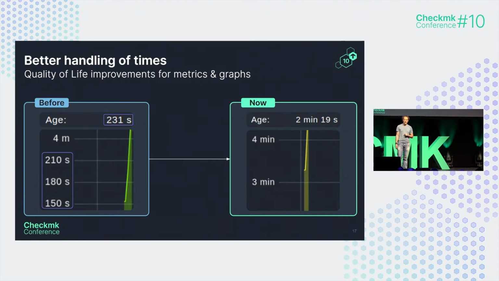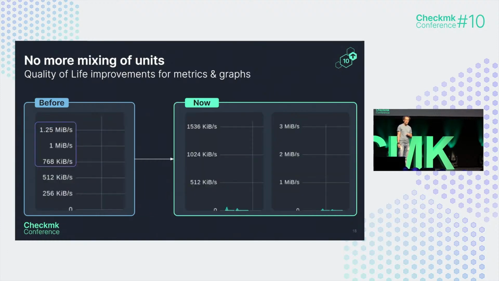And this is one instance of cases where I think the graph should not make you think, right? The point of looking at a graph is you don't want to think, you don't want to read values or numbers, you want to get a visual impression of what is going on. And if you have these kind of axes, I don't think it helps. And there's one more case that I'll show you in a minute. Another example where we just improved the axis to improve the overall readability.